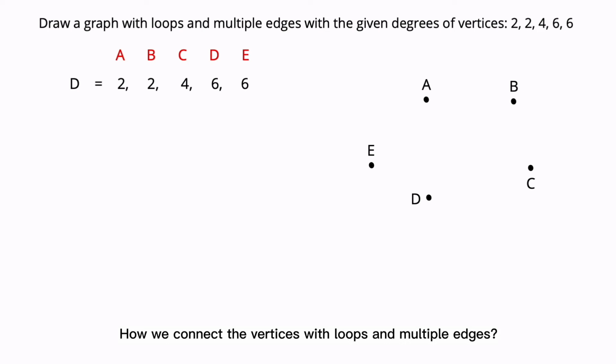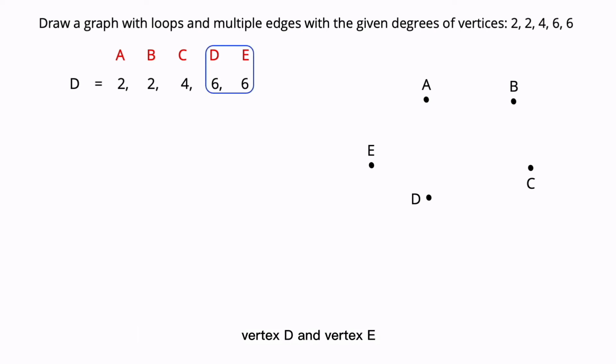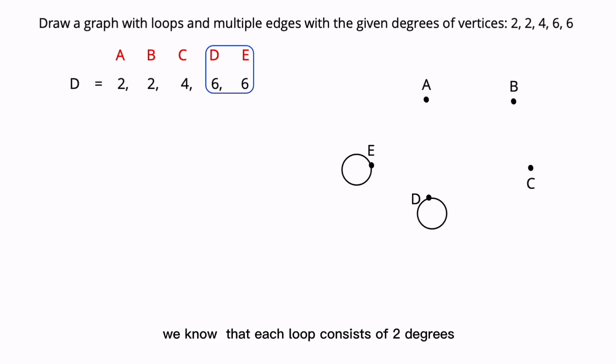How do we connect the vertices with loops and multiple edges? We still consider the vertices with the highest degree, vertex D and vertex E. Both have degrees of 6. Since the degrees of vertex D and vertex E are higher than the other vertices by 2, loops or multiple edges may appear on vertex D and vertex E. If loops appear on vertex D and vertex E, we know that each loop consists of 2 degrees.